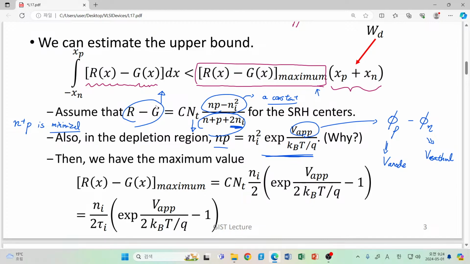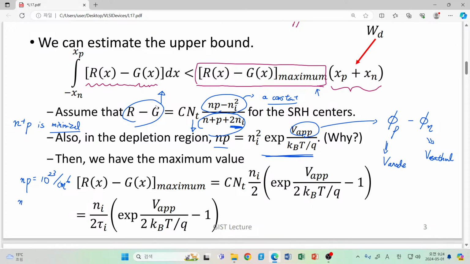So are you all with me? Let's say that our np product is, for example, corresponding to 10 to the 23, and let's assume this case.